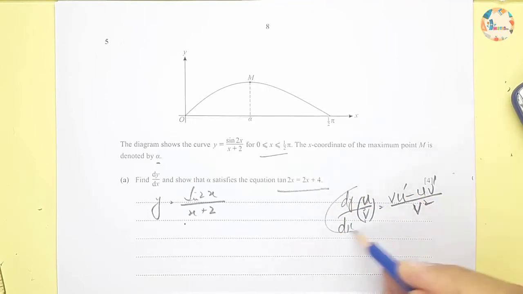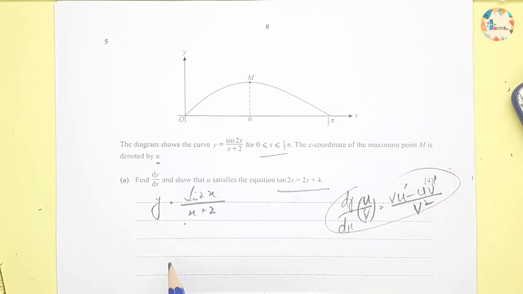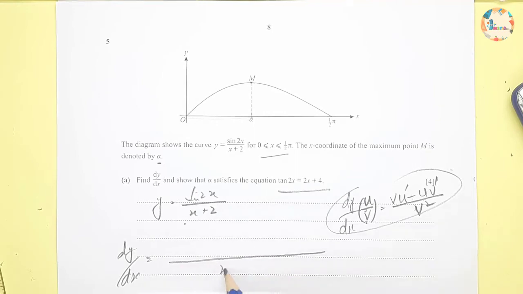So this will be the formula which we will be applying, and we can write dy over dx is equal to that over the square of this one, (x plus 2) whole squared.